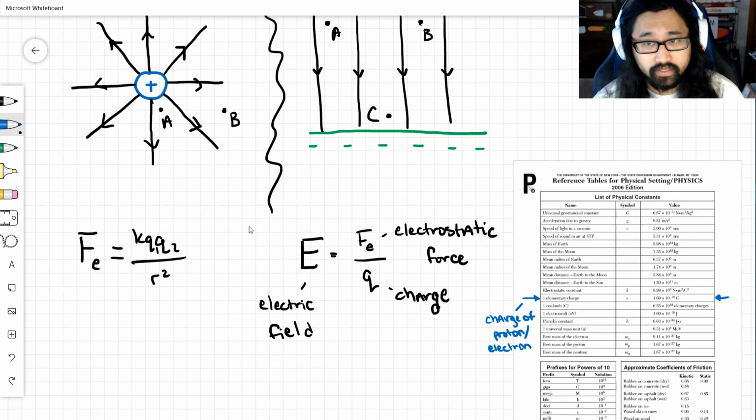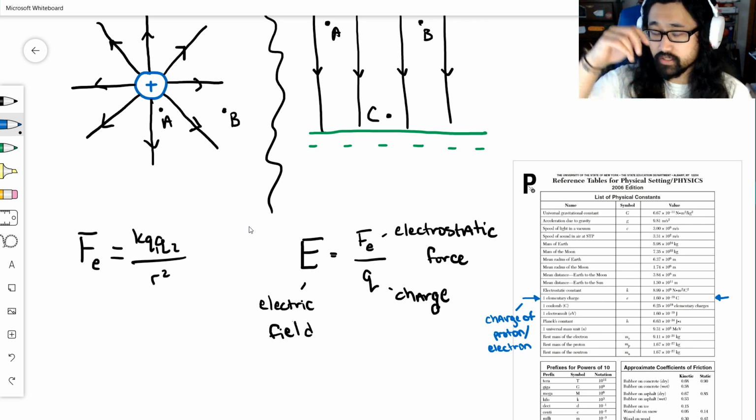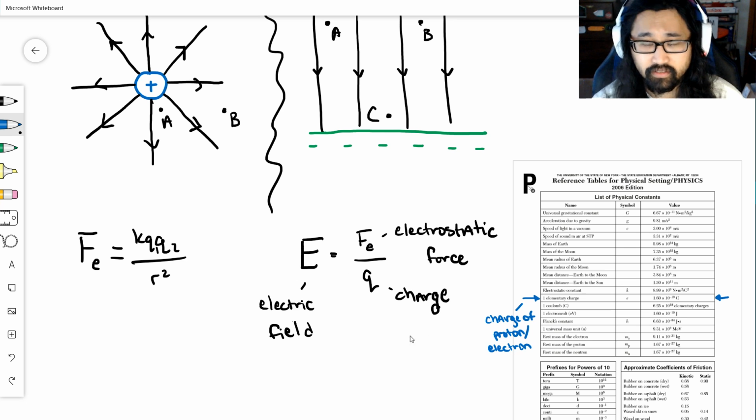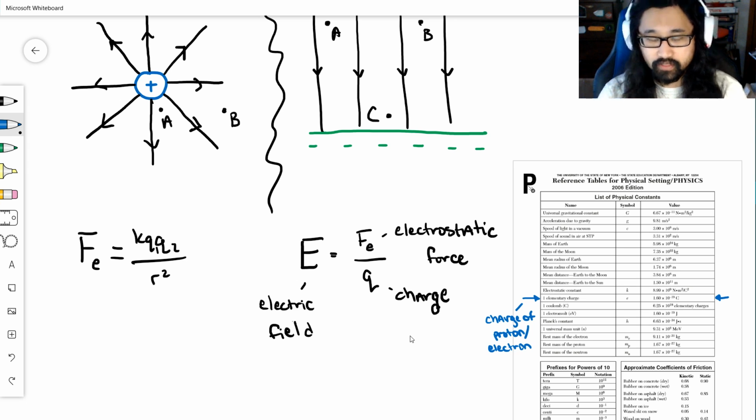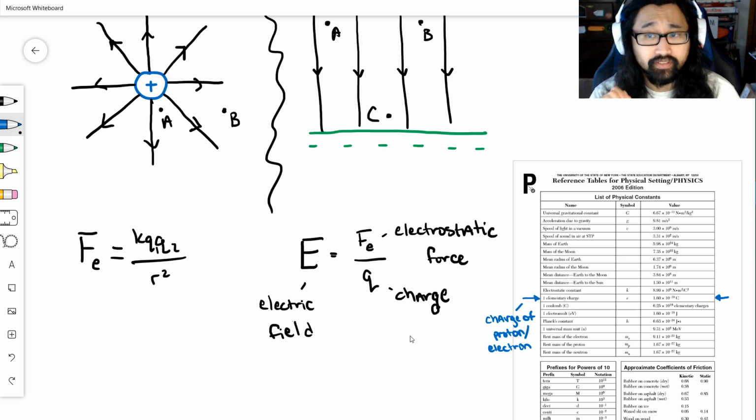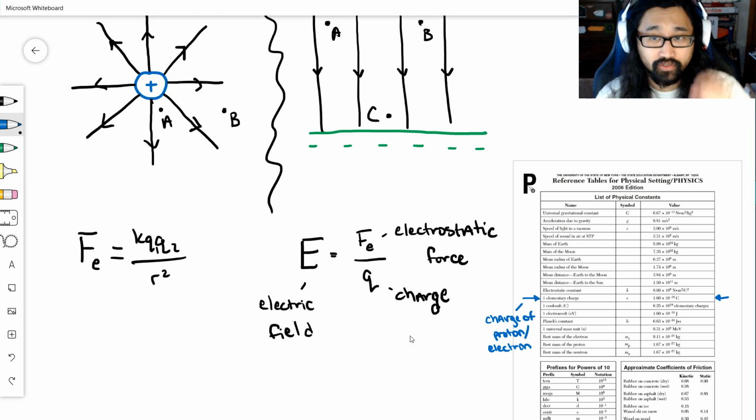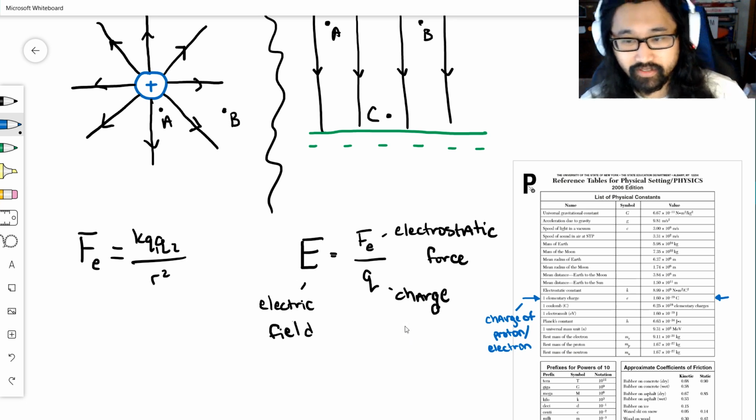The second one will be on the math, so on actually using the equation and recognizing that if you have to do something with electric field and you think you only see force and you don't see anything about charge, look and see if the question told you that you have an electron or you have a proton. Because if they told you that, then you do know the charge. It's the elementary charge. That's why I wanted you to grab your reference table, and I wasted a lot of time there trying to get the stinking page in there.